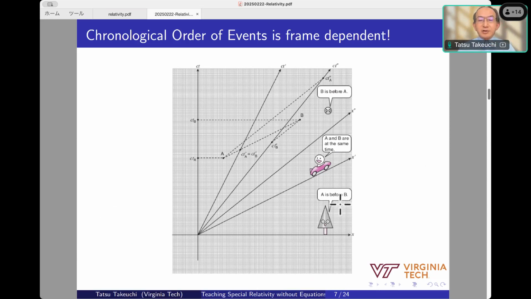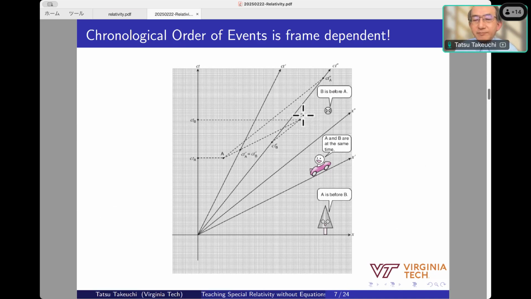So in this figure, I show 2 points which I label A and B. In the frame given by the axes x and ct, I think it's clear that the time coordinate of A is smaller than the time coordinate of B. So in the x, ct frame, A is happening before B.